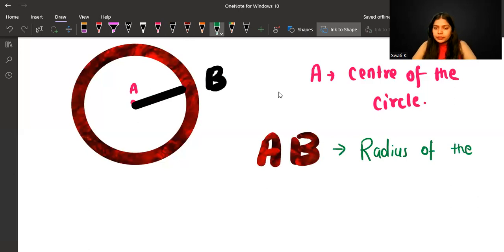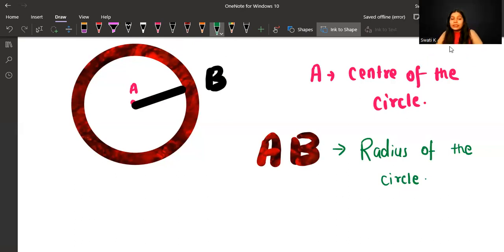Now there is one point I'll explain here: if you're talking about one radius, of course we will use the word radius, but if we are talking about more than one radius, we have a different word, and that is called radii. Radii is the plural of radius. Now how many radii can we draw in a circle?